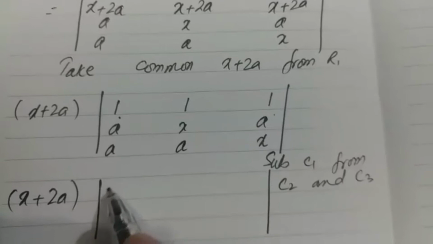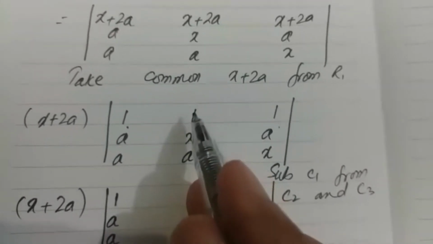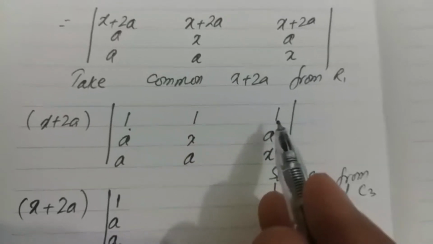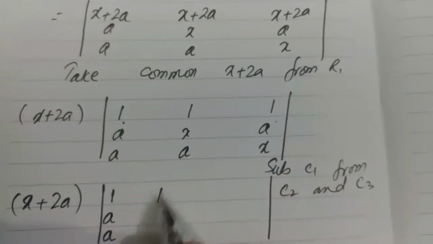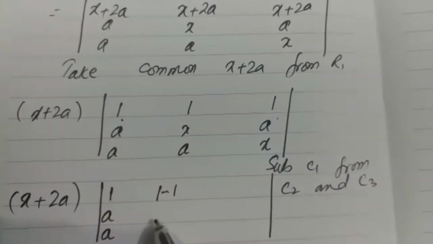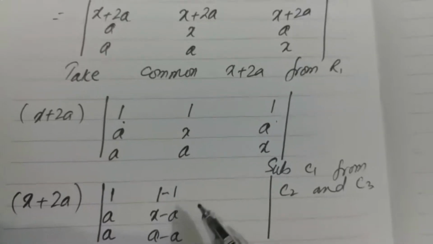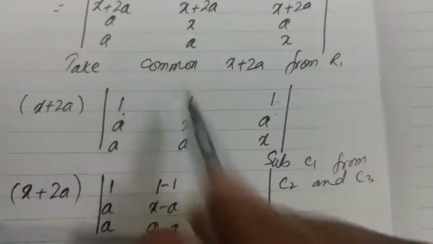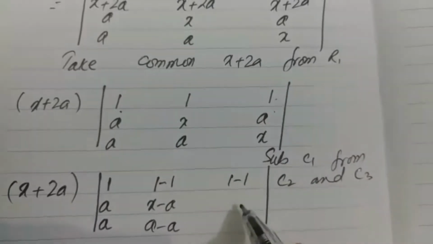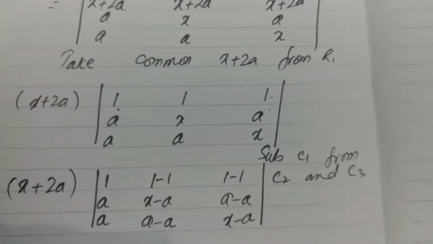It means 1, A and A, the column 1 is as it is. Now the changes will occur in C2 and C3. This is 1 minus 1, X minus A, A minus A. After that, 1 minus 1, A minus A, X minus A.